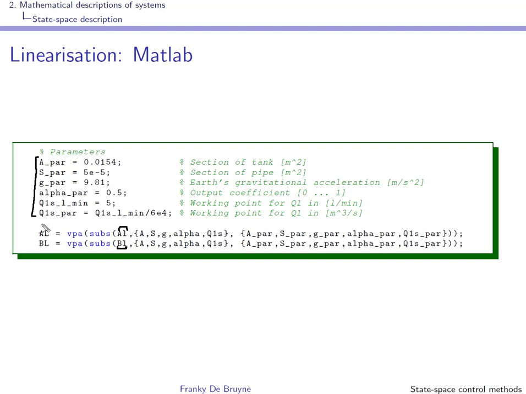This will give you the state space matrices A and B around the working point that is given over here, that corresponds to 5 liters per minute for these values over here.